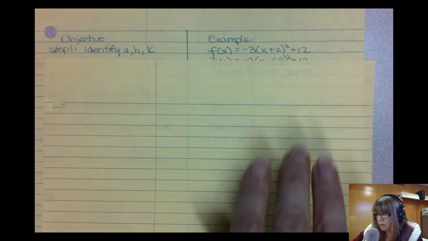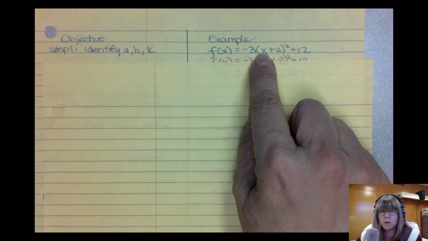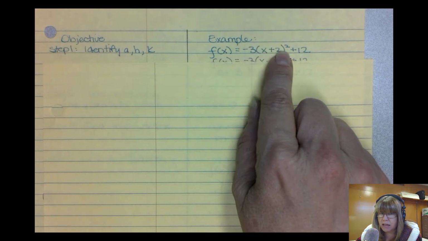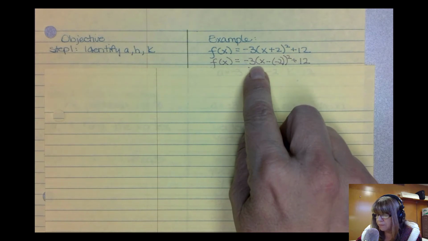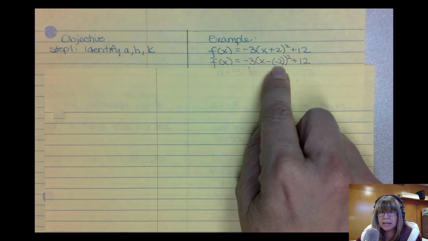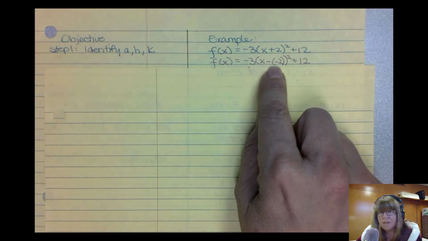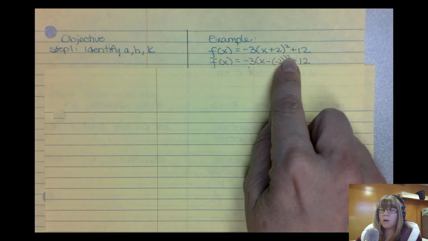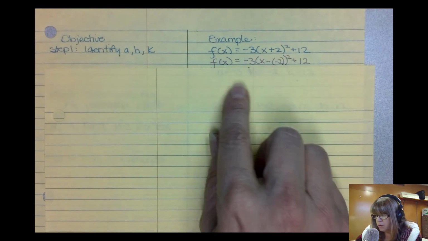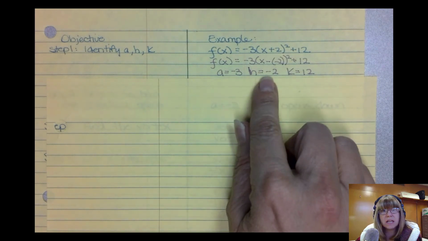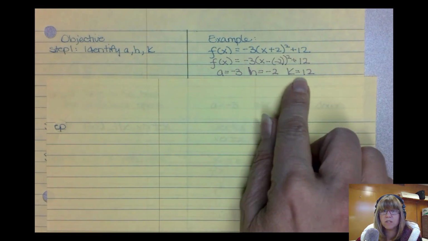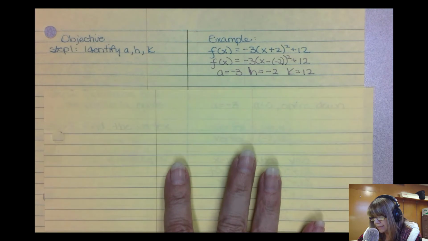Now we have to remember that this in standard form is x minus a value. So this is really going to be -3 times (x minus a negative 2), because a minus negative is a positive, all squared plus 12. So now we can figure out our a value is -3, our h value is -2, and our k value is 12.